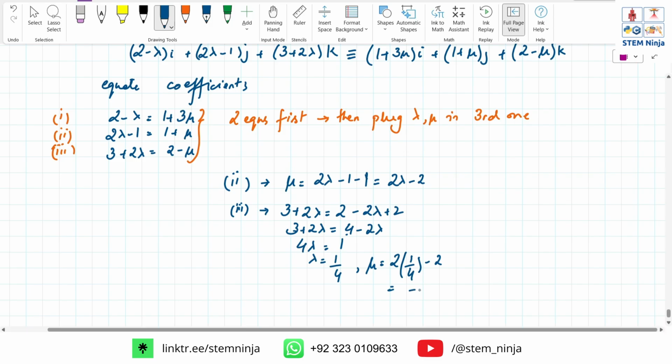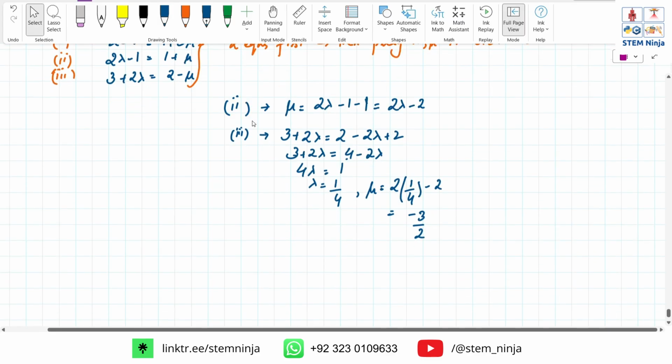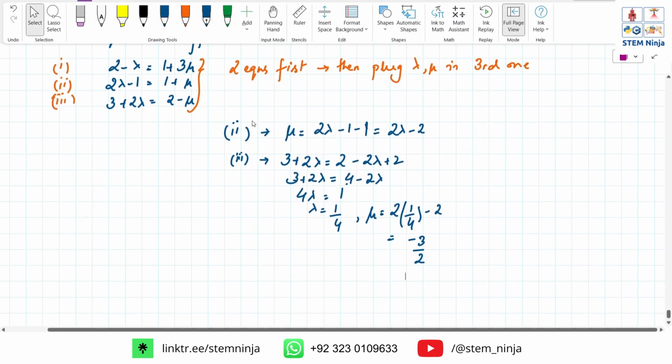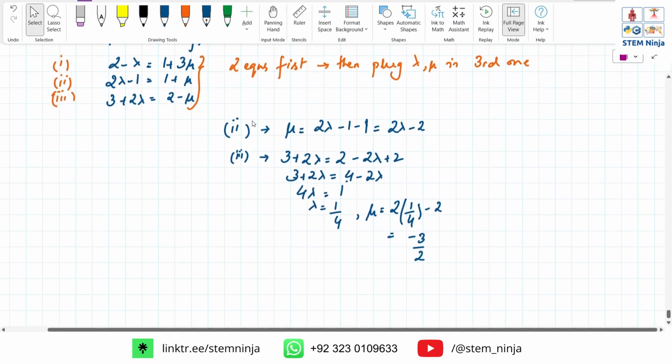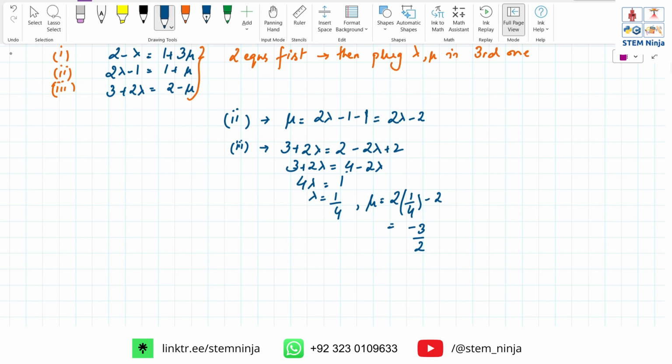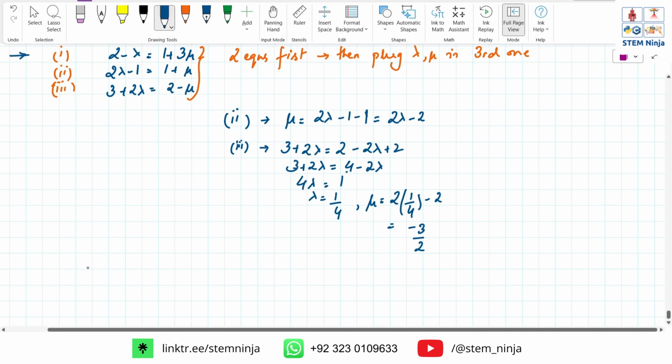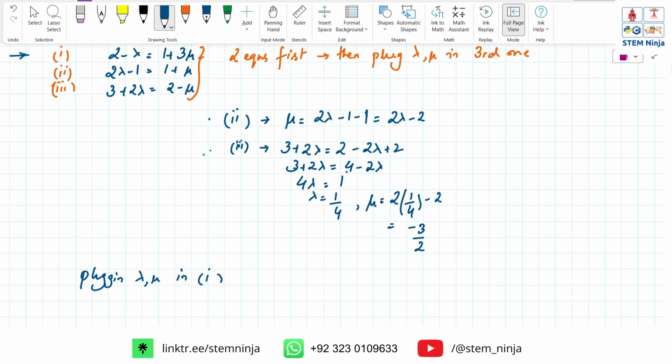So 1 over 2 minus 2 would be minus 3 over 2. Now plugging these into the first one, lambda and mu, because we solved the second and third, so there's no need to plug them back in again.